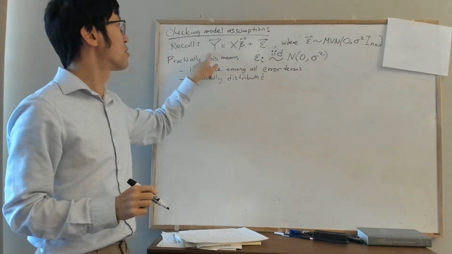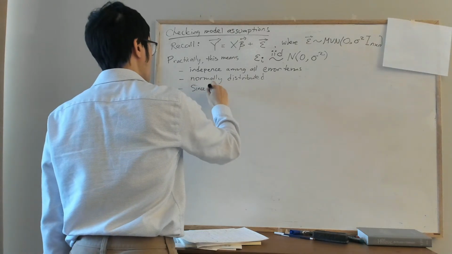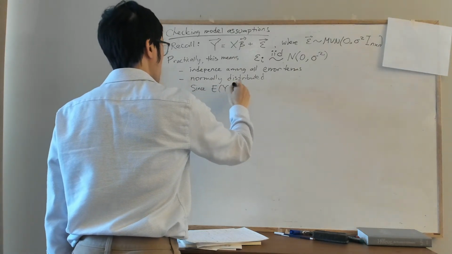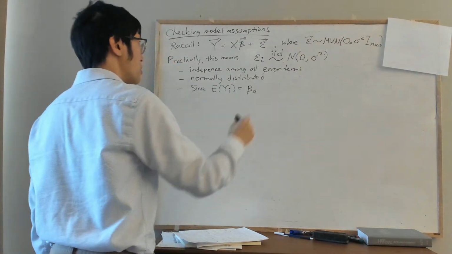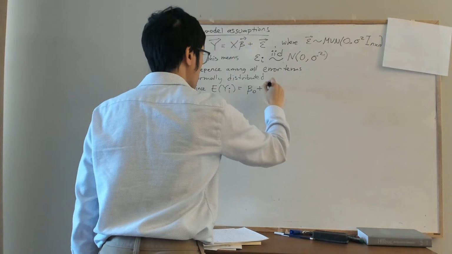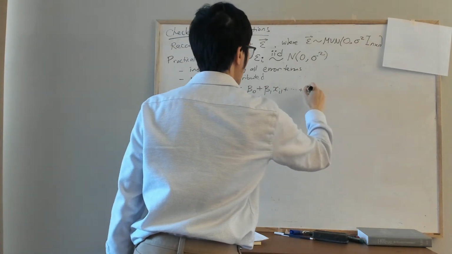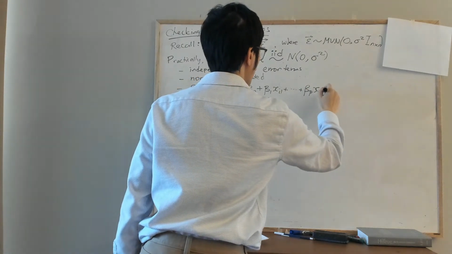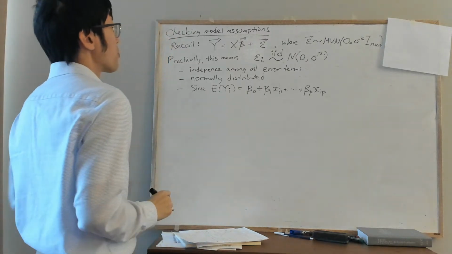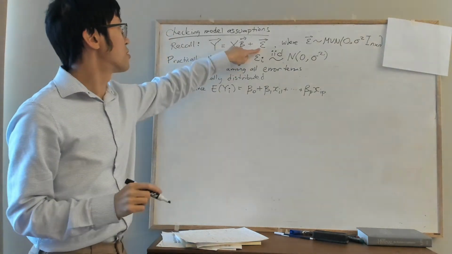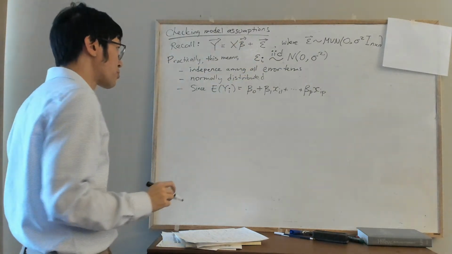Well, remember that the model says E of y_i can be written out as the linear part: beta 1 x_i1 up to beta p x_ip. This is implied since we want the mean of epsilon_i to be 0.